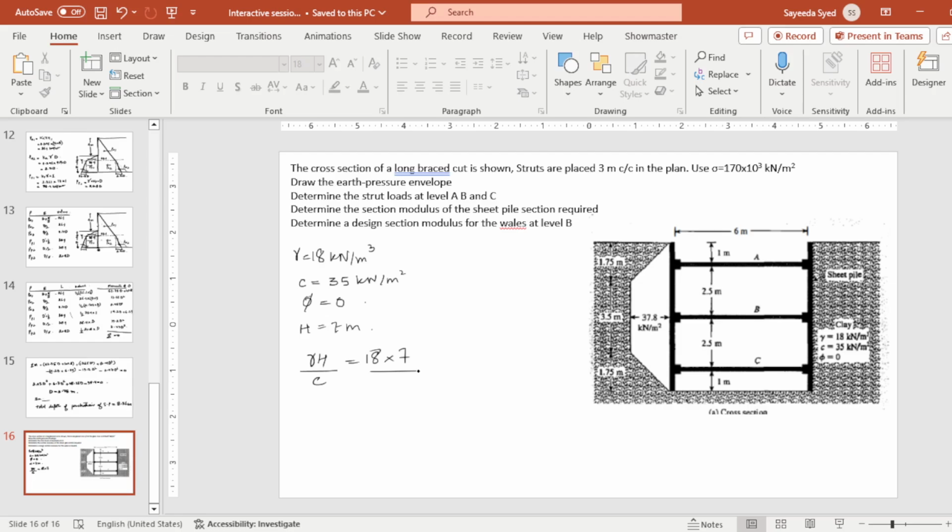Okay, so gamma H by C is less than 4, so our pressure envelope will be something like this, which is given in the question itself. It was not actually a pressure envelope, but still. So let us draw the pressure envelope.